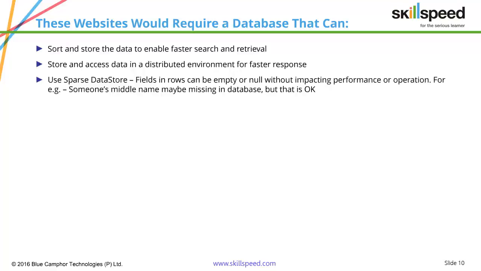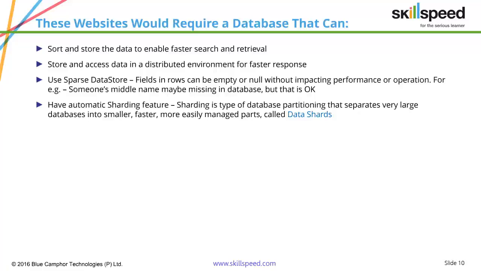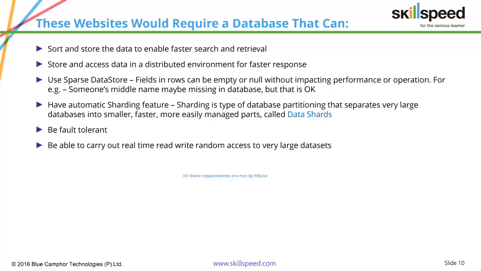So in such cases, what happens is that NoSQL uses something called a sparse matrix. Using the sparse matrix, it will not store any null values. So that is called the sparse data store. And they should also have the automatic sharding feature. What automatic sharding means is that as the size of the database increases, automatically the database solution should be able to divide it into different parts called data shards and store it in different places.